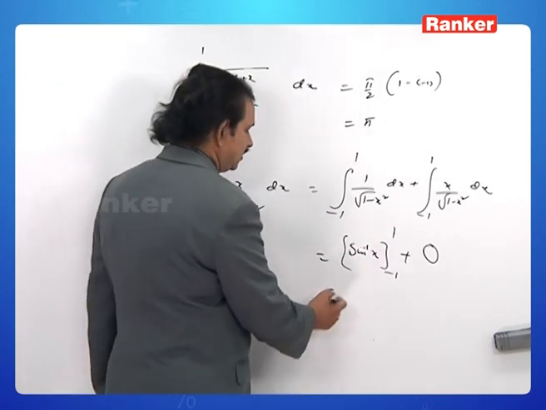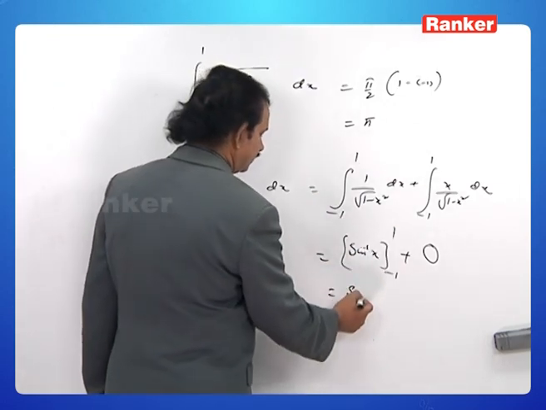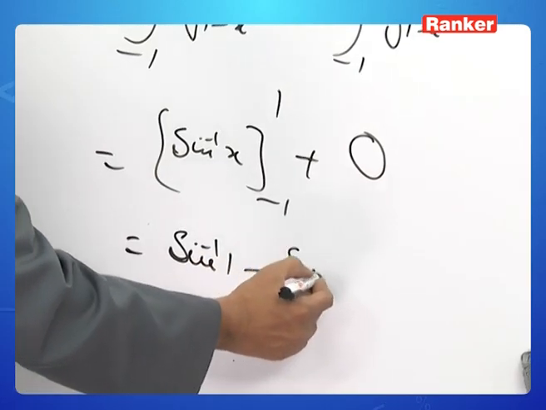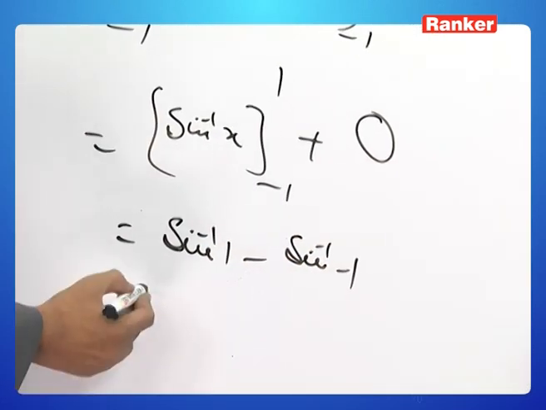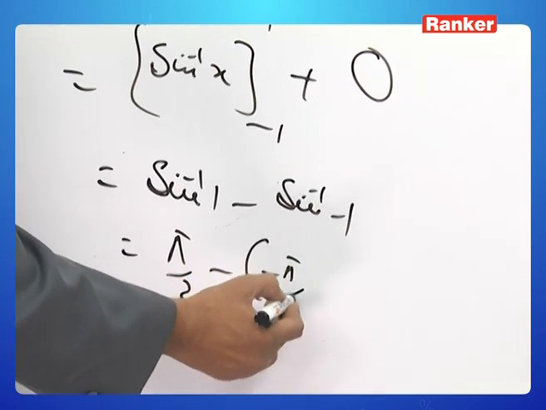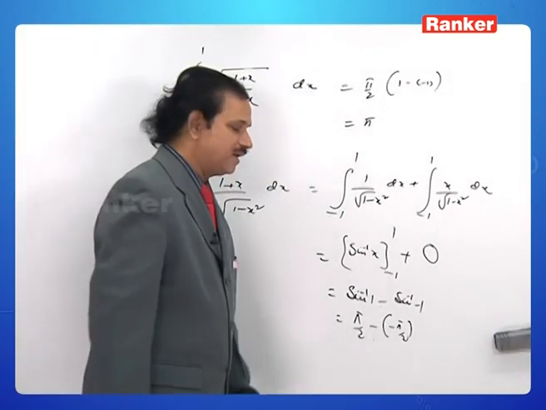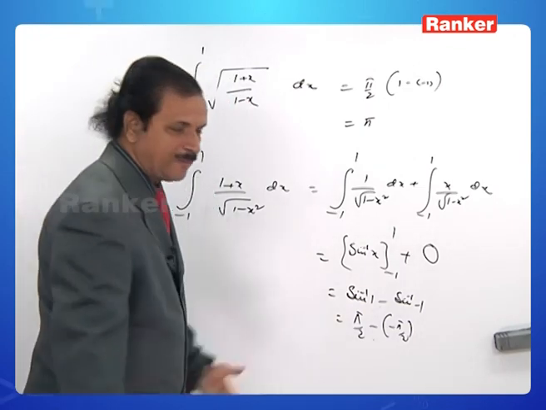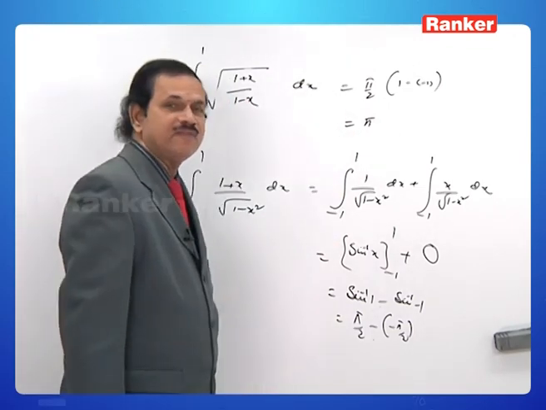Well, this is sine inverse 1 minus sine inverse of minus 1. Sine inverse 1 is of course pi by 2, and sine inverse of minus 1 is of course minus pi by 2. Pi by 2 minus of minus pi by 2 is pi, which was obtained in the beginning itself.